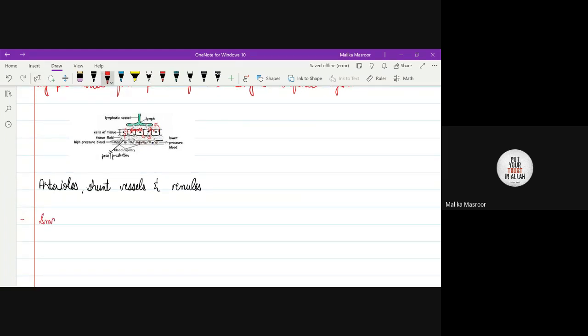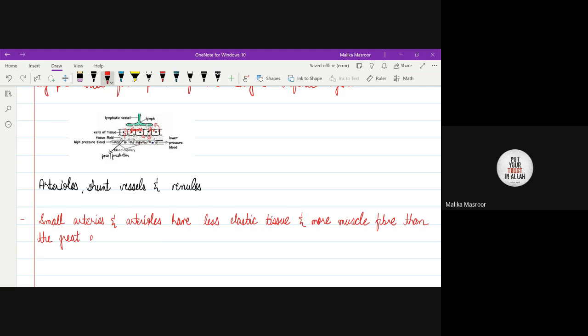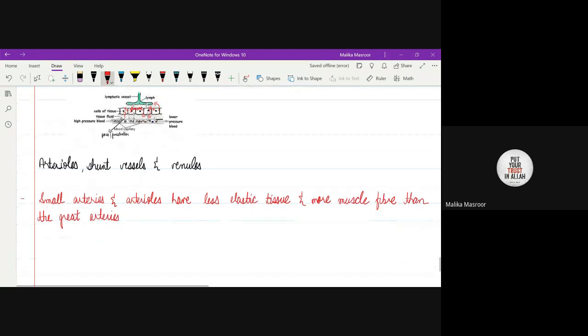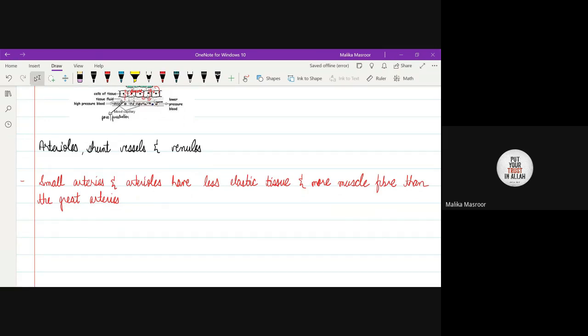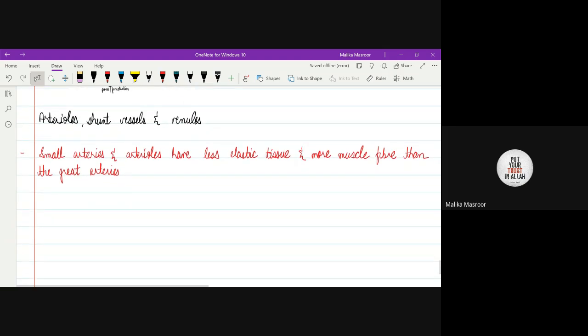So when the muscle fiber of the arterioles contracts, they constrict the vessels, make them narrow and restrict the blood flow. That is called vasoconstriction.